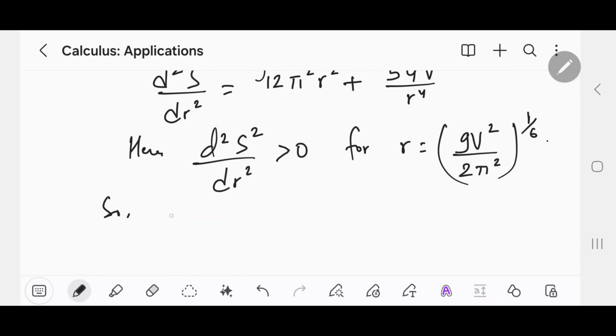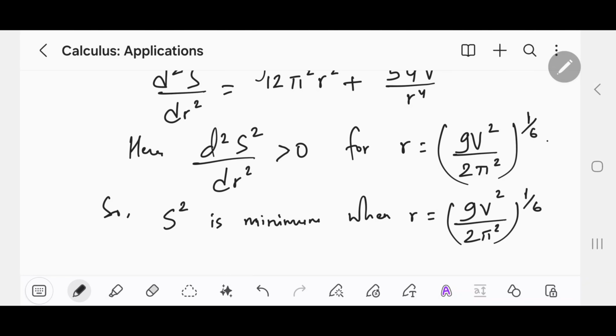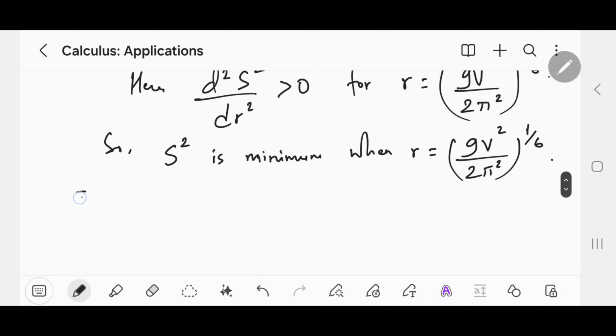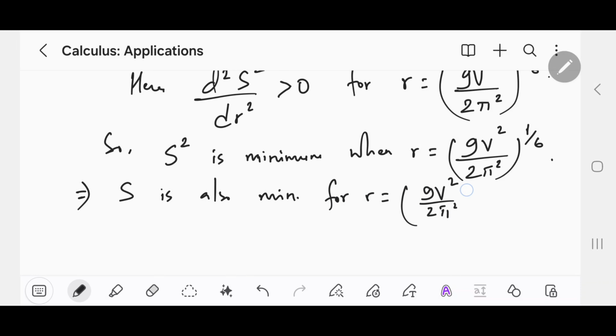So S square is minimum when r equals (9V square by 2 pi square) power 1 by 6, right? That implies S is also minimum for this value of r.